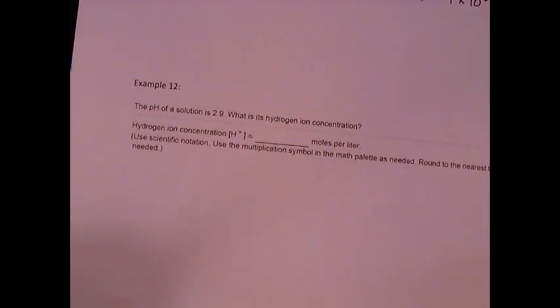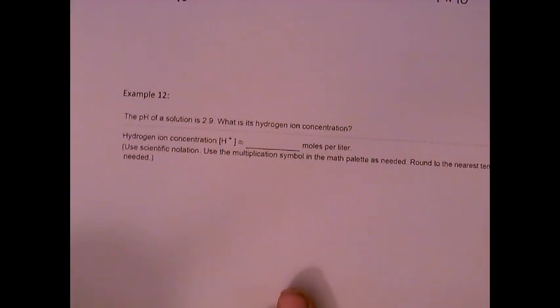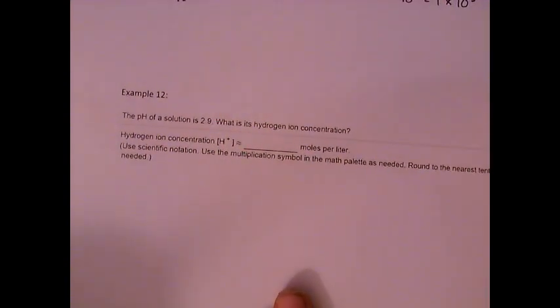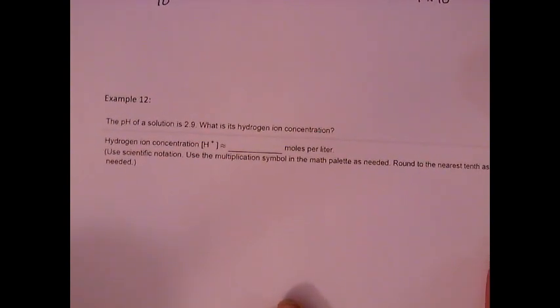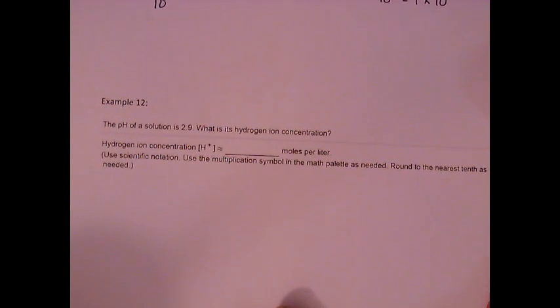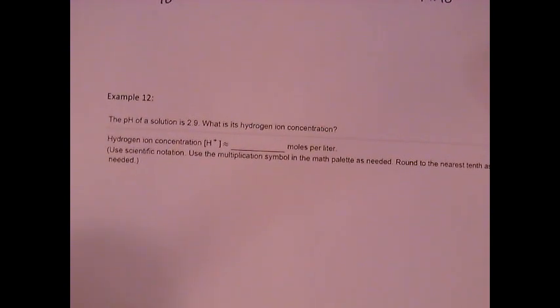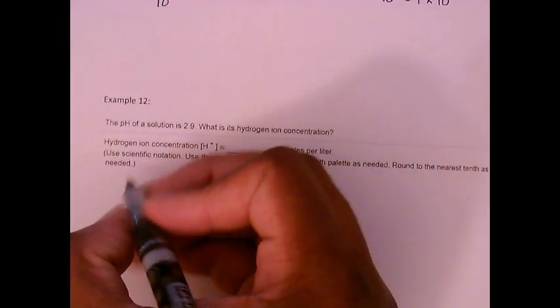Okay, let's look at this next example. Here we have a pH of a solution being 2.9. What is its hydrogen ion concentration? That's the H plus here.